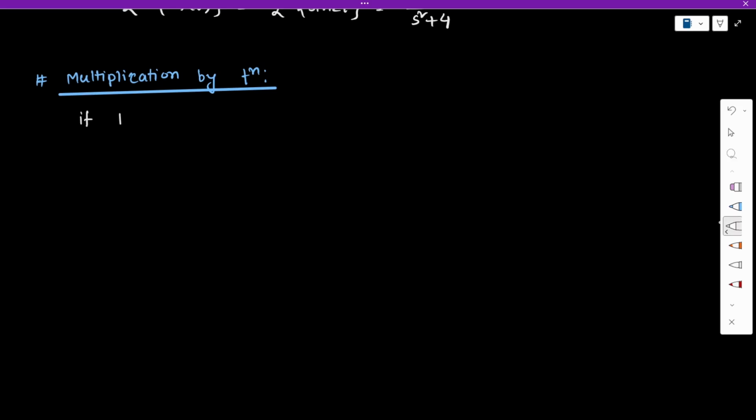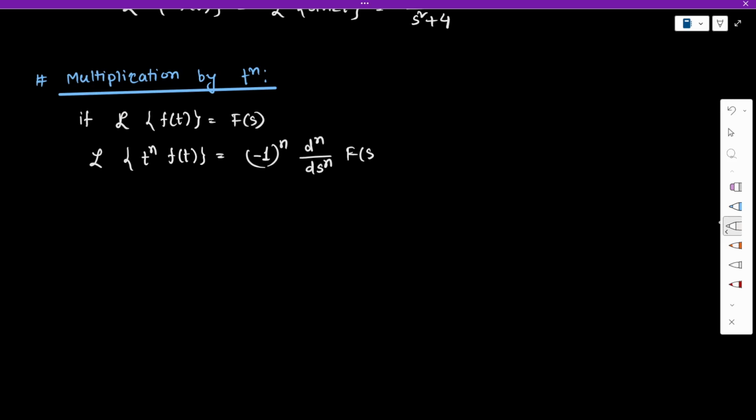So every theorem starts like this. If the Laplace transform of f of t is equal to F of s, then the Laplace transform of t to the power n f of t is going to be negative 1 whole to the power n, d^n by ds^n of F of s.